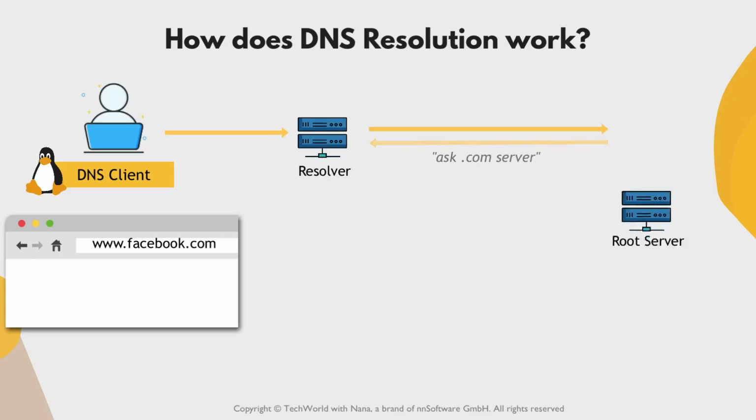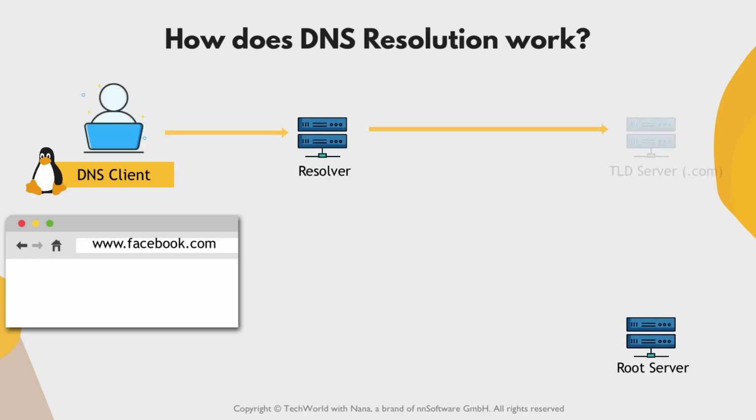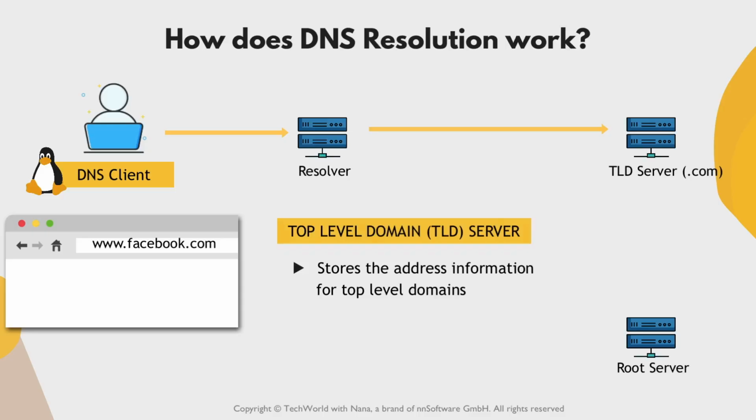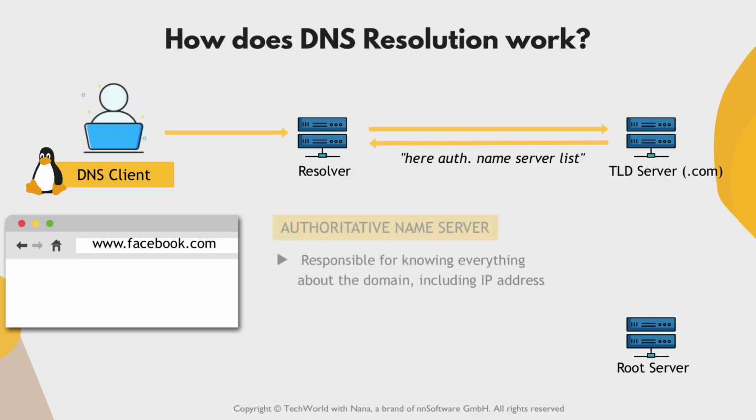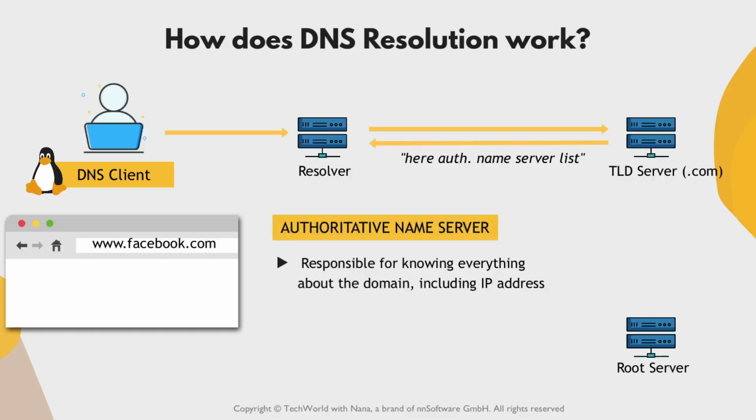which you can ask. The resolver then asks the .com server, hey, can you give me the IP address of facebook.com? The .com server sends a response: I don't know the IP address of facebook.com, but here is a list of the IP addresses of the authoritative name servers for the .com domain. They will know facebook.com's IP address.